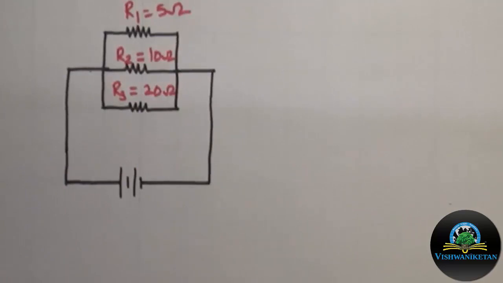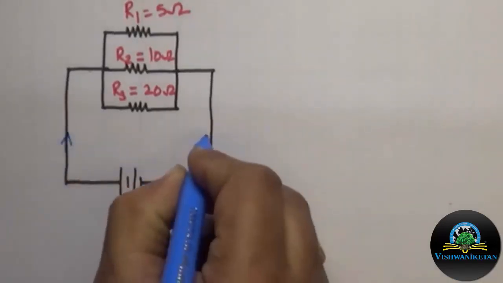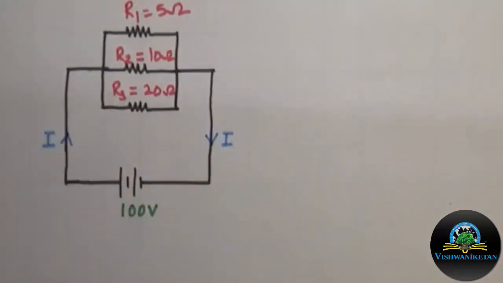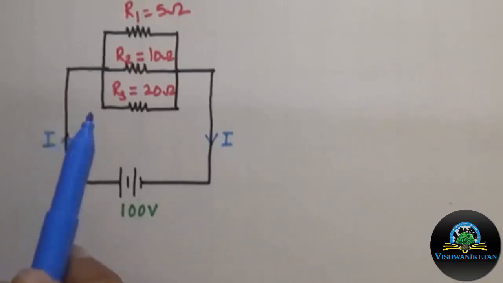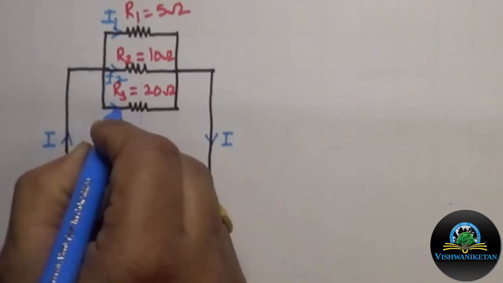Also, the supply voltage is given as 100 volt and the current flowing through the whole circuit will be denoted as I. As this circuit is a parallel circuit, the total current will be divided into a number of paths. Let the current through 5 ohm be denoted as I1, the current through the 10 ohm resistor as I2, and the current through the 20 ohm resistance as I3.